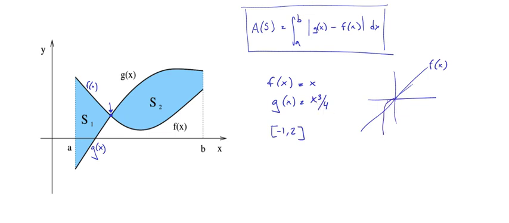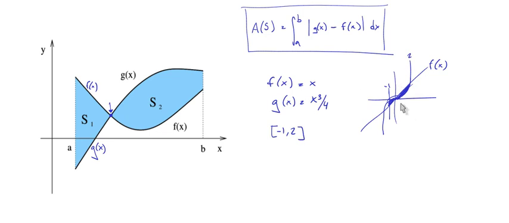Between minus 1 and 2, we have this and this. This is the area that we want. This is minus 1, this is 2.